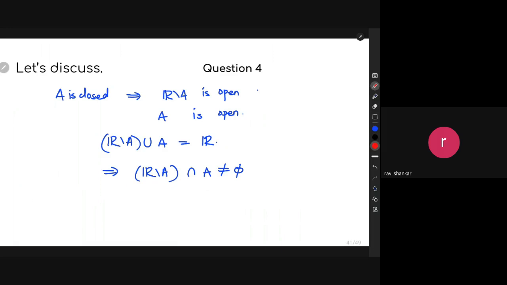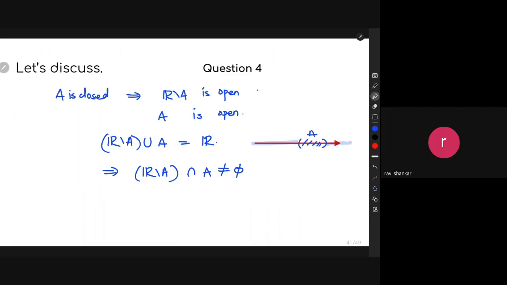In other words, if you draw the real line and think of this as my A, then R minus A will be this whole part which is outside of it.